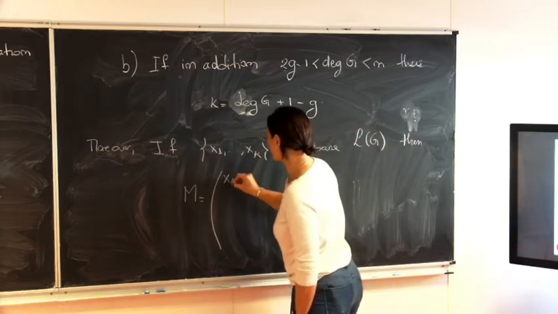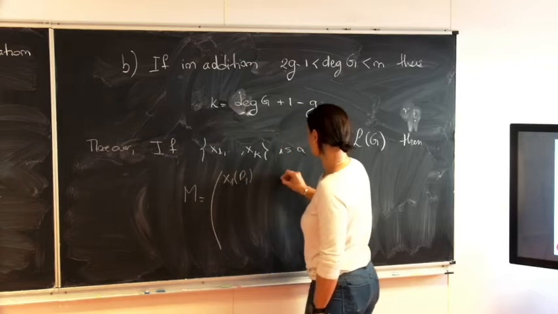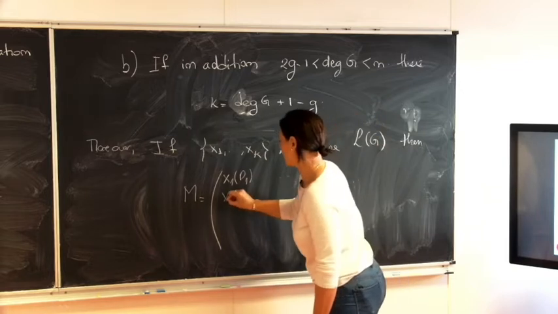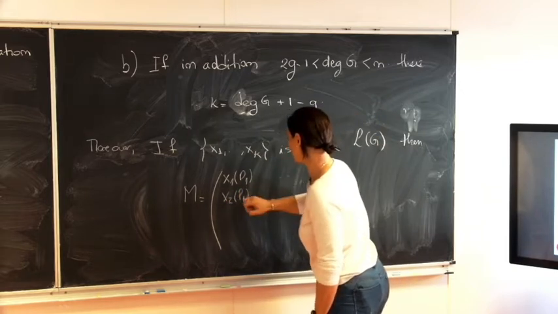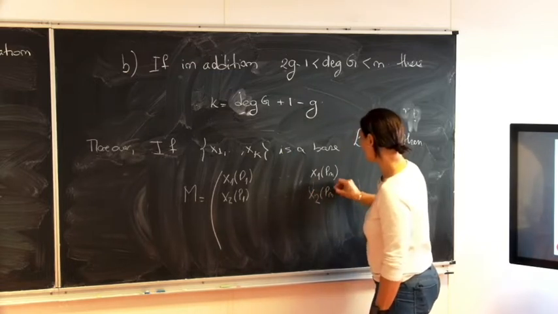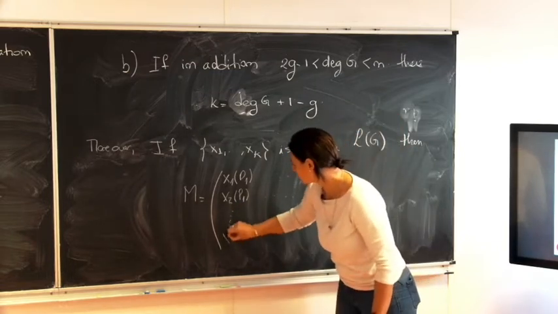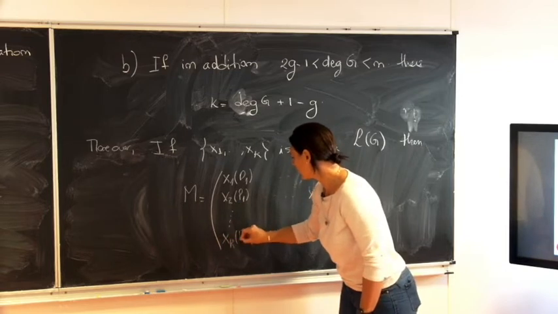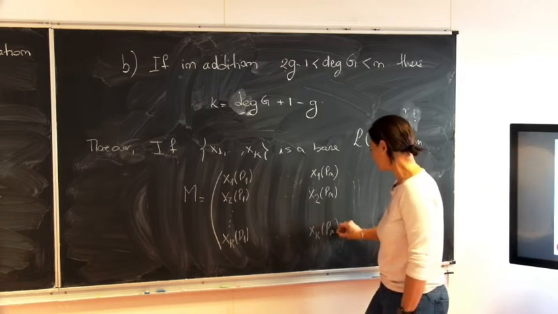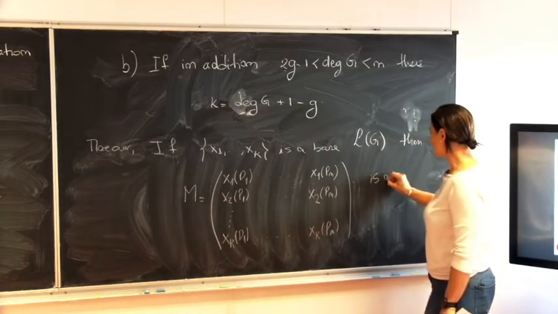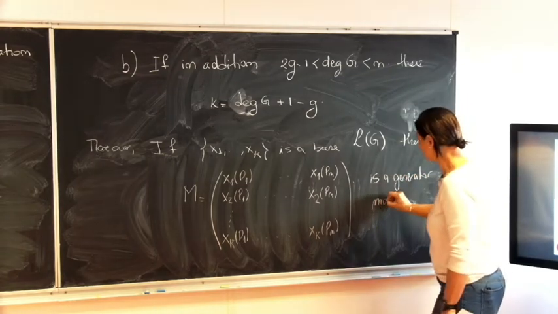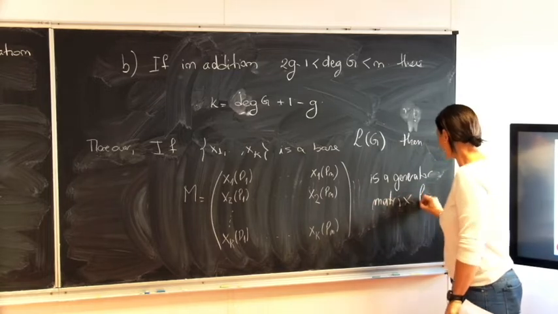So I have x1 of p1 up to x1 of pn, x2 of p1, yes, up to x2 of pn, and the last one is going to be xk of p1 to xk of pn. This is a generator matrix for the code.